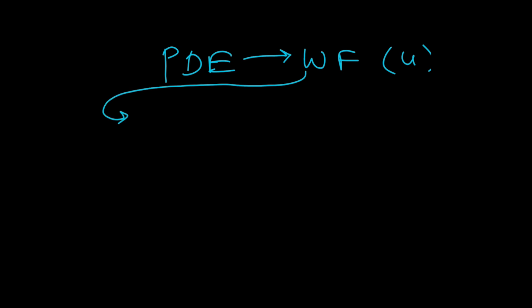So what we have here are PDEs at each node. We are converting them into a weak form where U is present. Now we are converting U into the shape functions, which are already known to us, and we can easily find them.